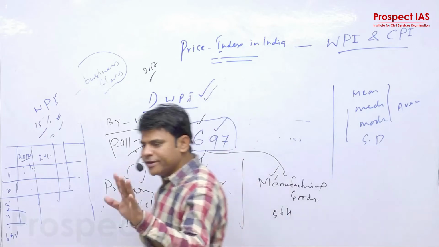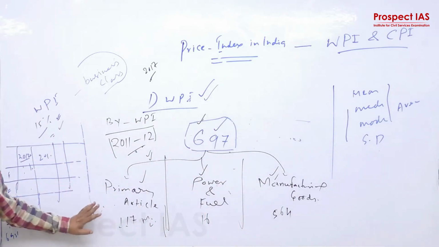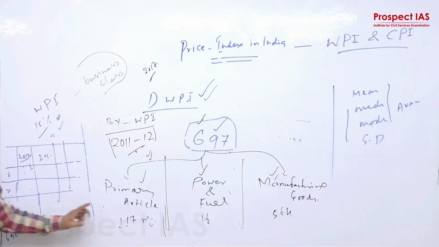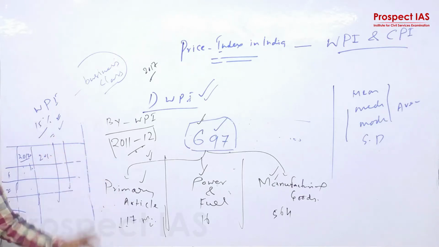So every 5 years we revise our WPI, and in the revision of WPI you find that some new articles are being included and some erstwhile articles are being excluded, right?